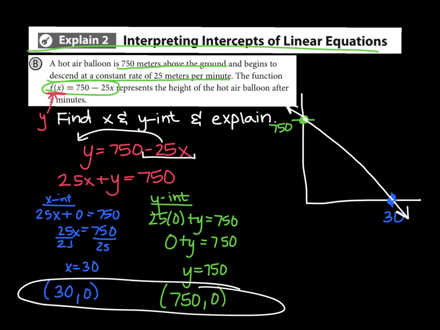But now what we want to do is interpret what this means. It tells us in our word problem, if we go back and read, that x is the number of minutes. So at the bottom here, this is minutes. And then y, or my f of x, is going to represent the height. So this is height. So we want to interpret what these 2 points mean, and there's a few different ways to do that.